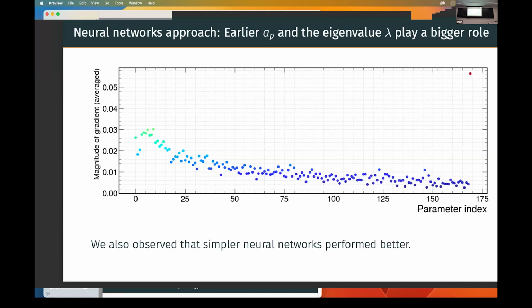Because even though the first primes seem to play a bigger role, the eigenvalue is playing an even bigger role, which is surprising. By the way, the eigenvalue also shows up in the L-function. I didn't say that, but it's very surprising that there's this disparity, and the neural network picked up the signal from the eigenvalue, even though we didn't tell it about it.